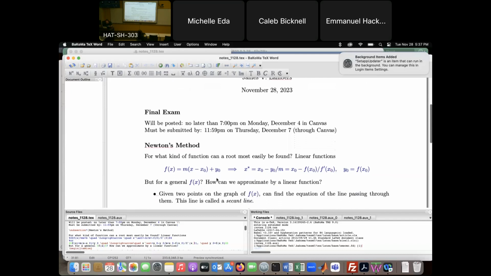One way to do that is if we pick 2 points on the graph of f, then we get the equation of the line passing through those 2 points, and that's called a secant line. We can find the x-intercept of that. That is one approach that we will look at more closely later.